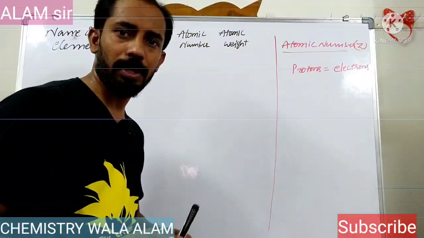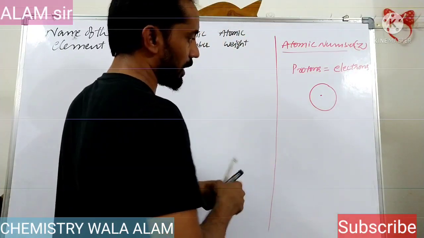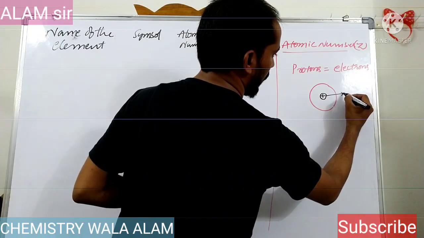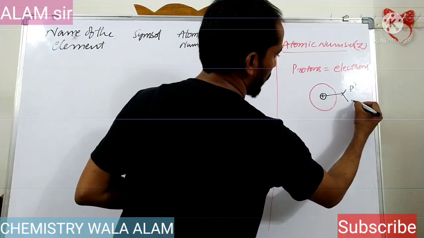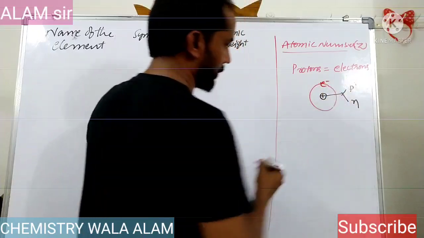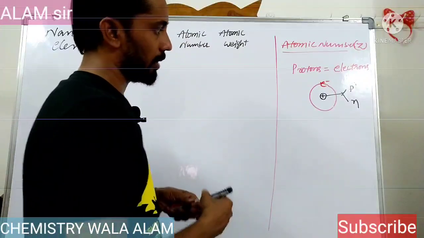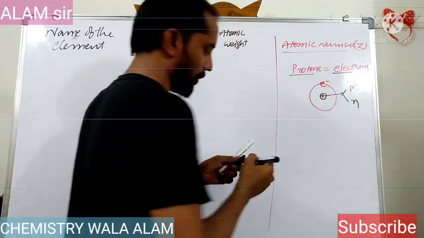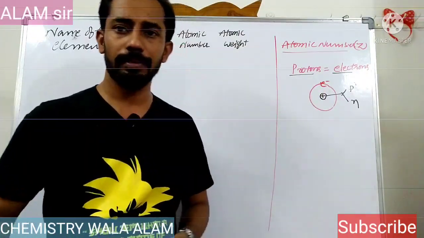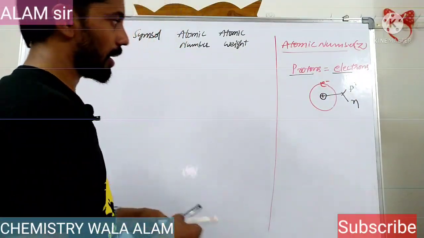If we consider an atom, exactly at the center there is a positively charged dense nucleus. The nucleus contains two types of particles, protons and neutrons, and surrounding the nucleus, electrons are revolving, like planets revolving around the sun. So atomic number can be defined in two ways: the total number of protons inside the nucleus, or the total number of electrons outside the nucleus in an atom.